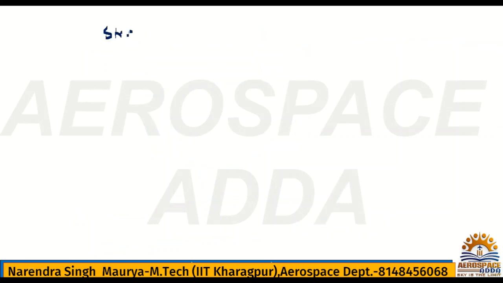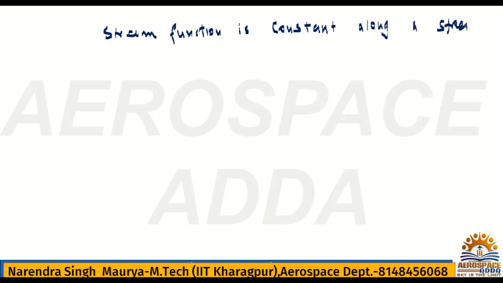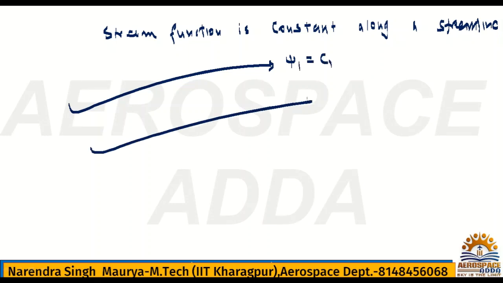So this was the conclusion. Last lecture we had seen stream function is constant along a streamline. If I am drawing, this is one streamline, so here psi1 will be c1 just like the previous diagram, and this is another streamline, here we have psi2 is equal to c2.